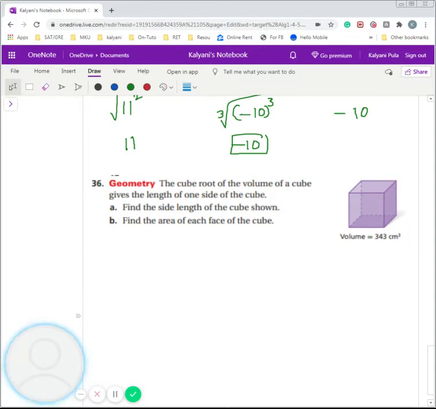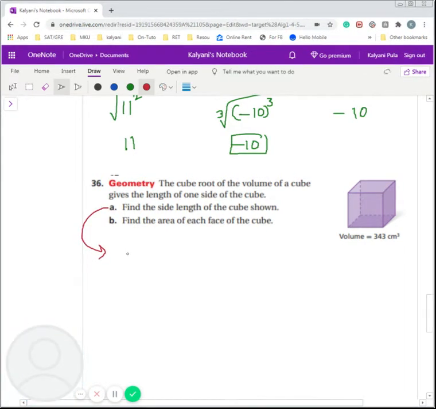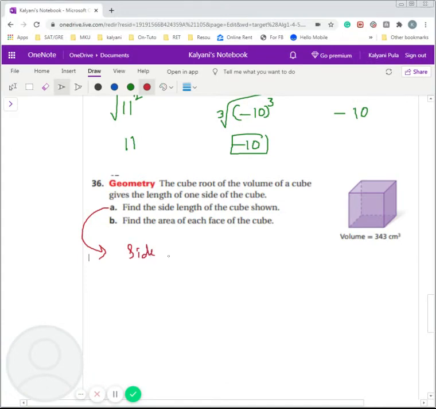So a cube is given to you. They give you the volume also, but you need to find out the length of one side. So for a cube, you want to find the side length. What you need to do is find the cube root of that number, then you can get the side length. So for this one, the side length is going to be the cube root of the volume.